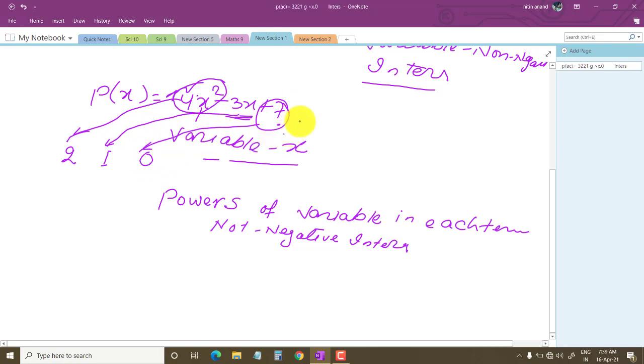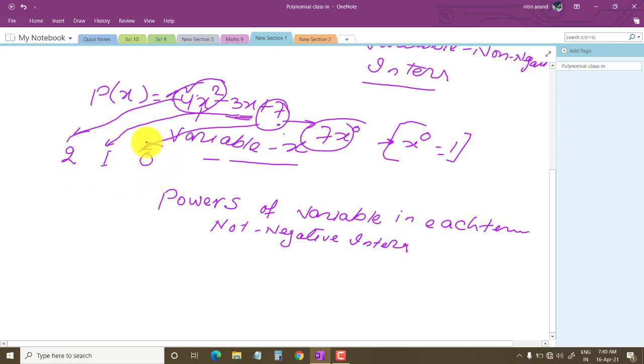That means we can write 7 as 7x to the power 0, because x to the power 0 means 1. This is the rule of exponents.